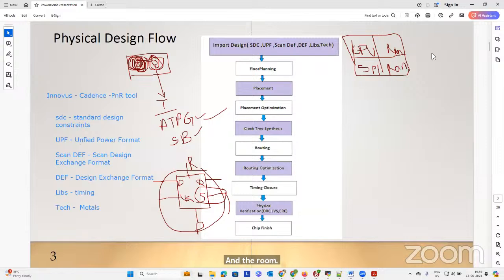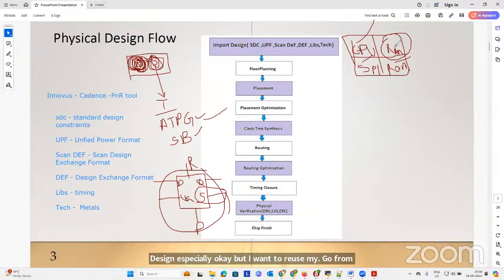Already CPU is available, SPI is available, ROM is available, designed freshly. But I want to reuse my RAM. From the previous design, I want to get the RAM of the same file. So I want to reuse. This file is saved as def, design exchange format.